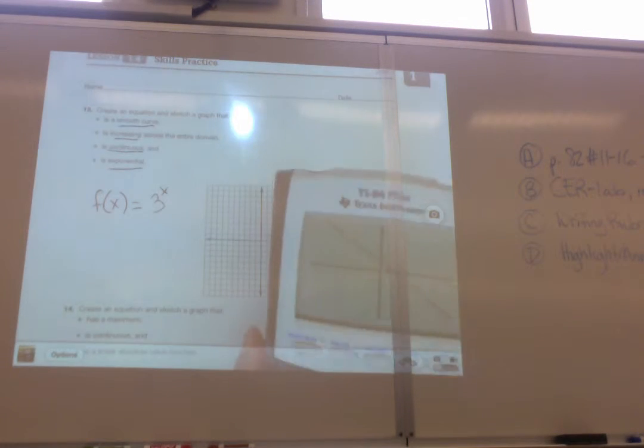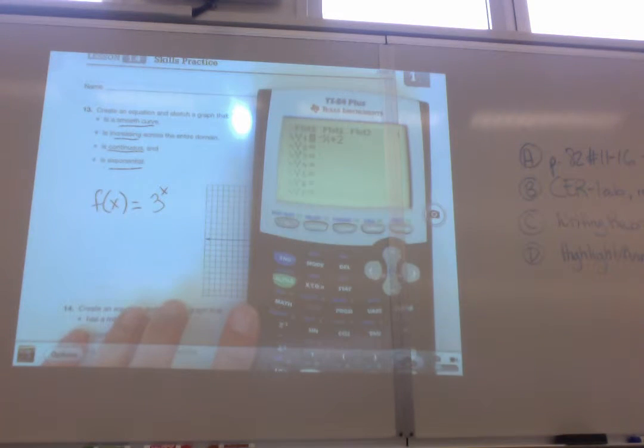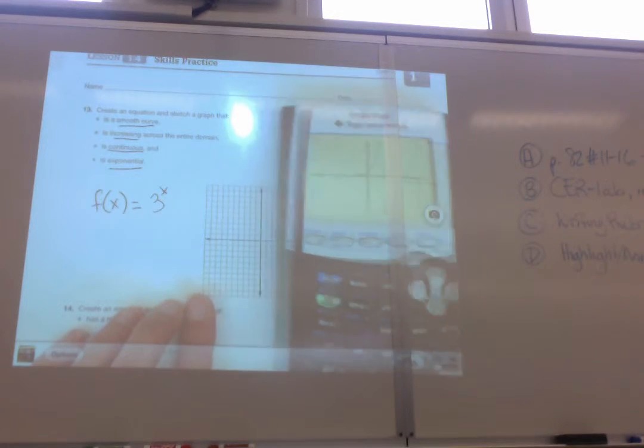Now I'm going to go into the calculator, clear. I'm going to go y equals, get rid of my last function, 3, raise it to an x. Graph. Oh, good. It took a little while, but there it is.